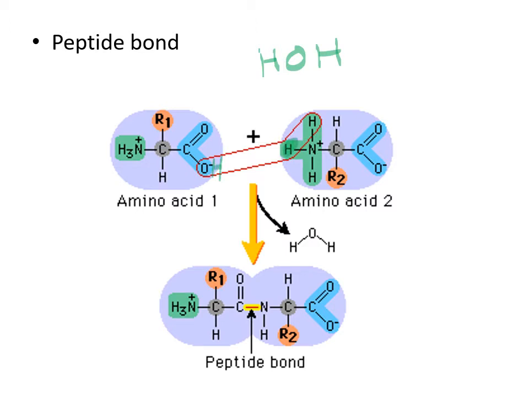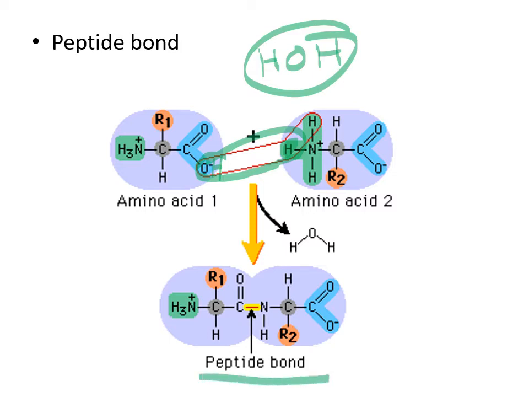But either way, you're going to be taking an oxygen and a hydrogen, so depending on whether you want to look at it as the ionized version or not, you are getting water out of this. You're putting these two amino acids together, so it is a dehydration synthesis. That's close enough. And we are forming the bond between them, which is going to be called a peptide bond. So two amino acids are joined through dehydration synthesis, and we get a peptide bond out of it, and water.